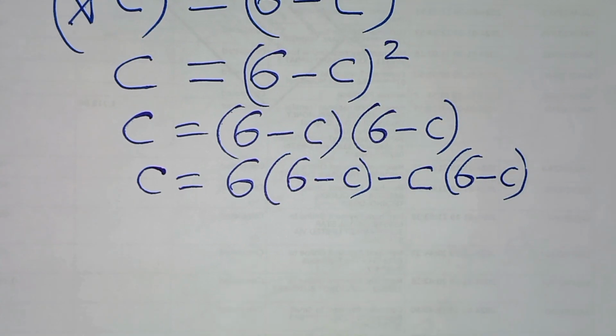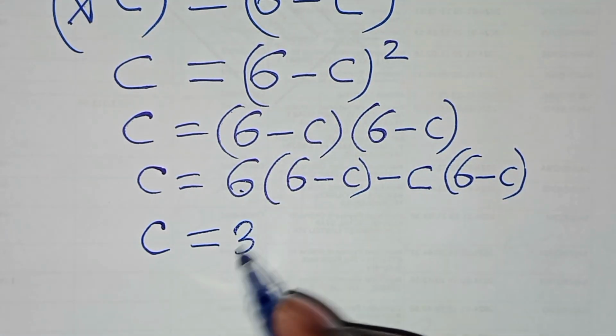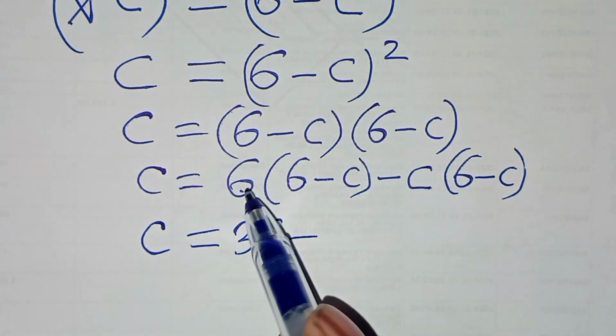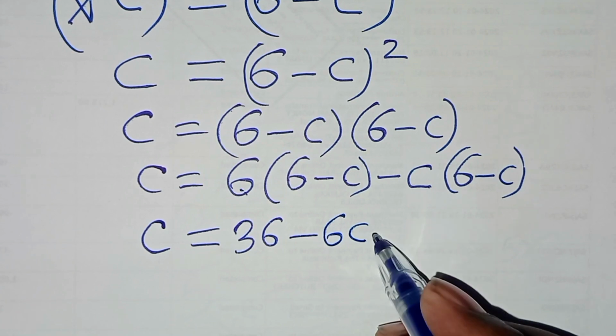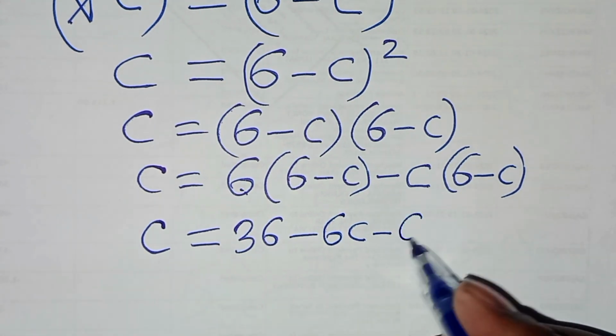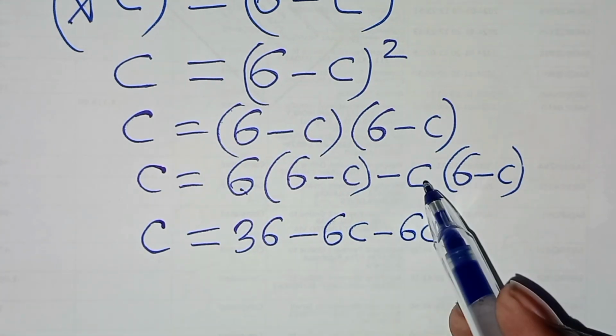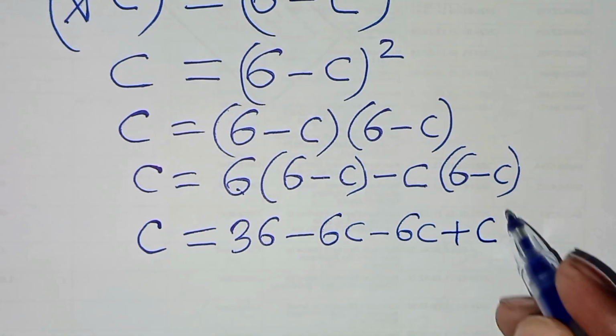Now in this case, we have c is equal to 6 times 6, this is 36, subtract 6 times c, this is minus 6c, subtract, now we have negative c times 6, this is minus 6c, then minus c times minus c, this is plus c squared.